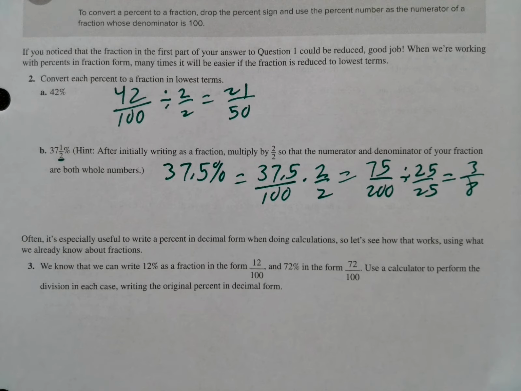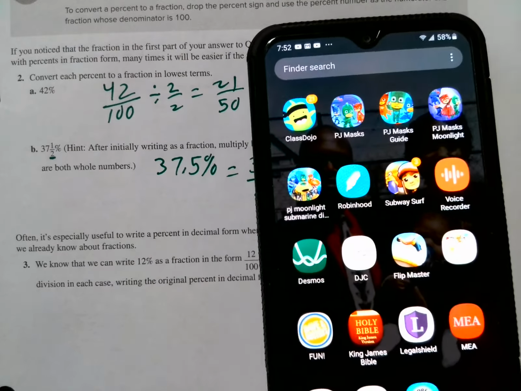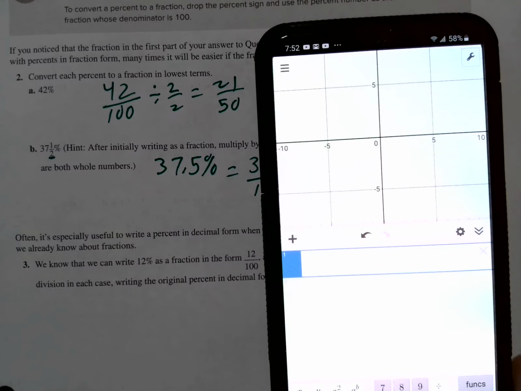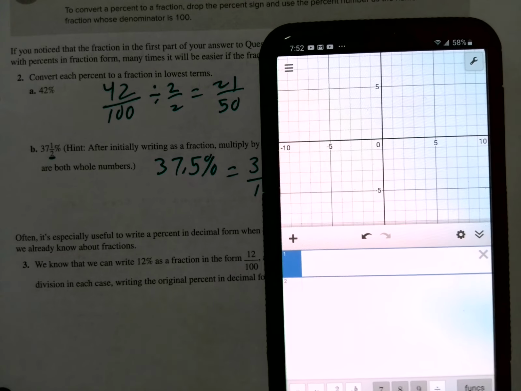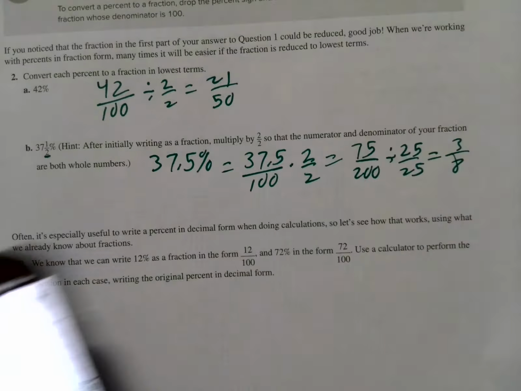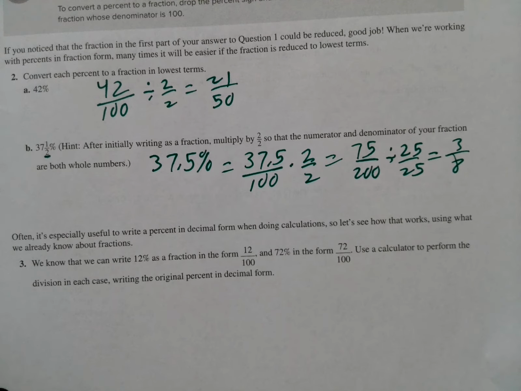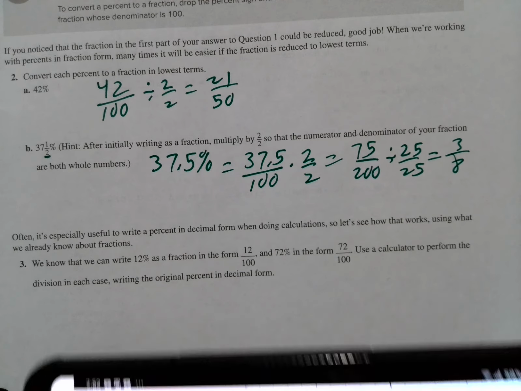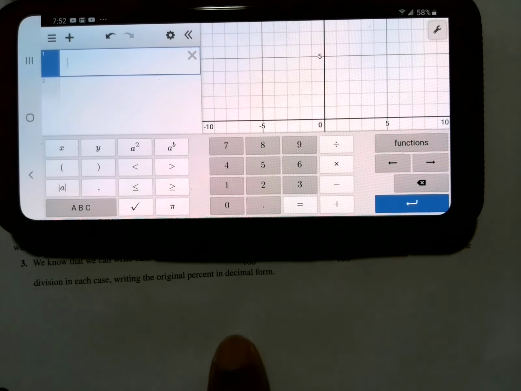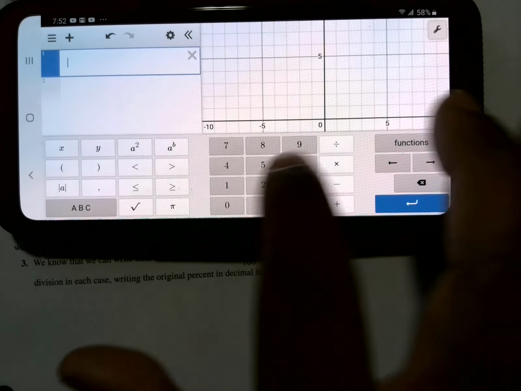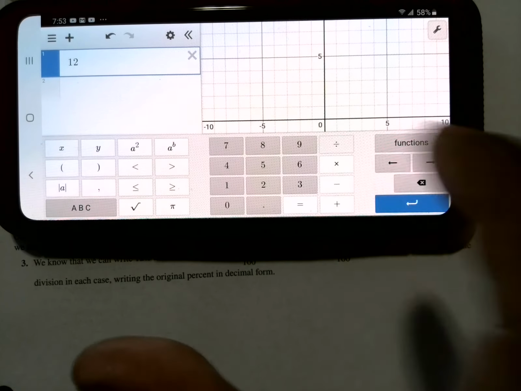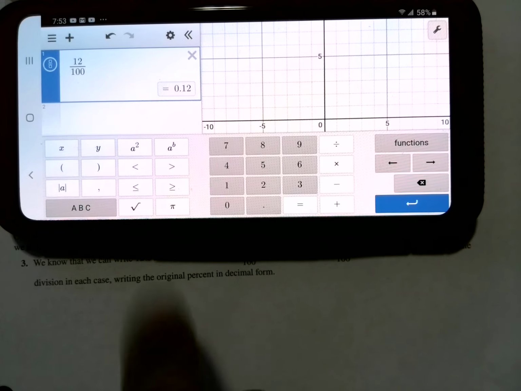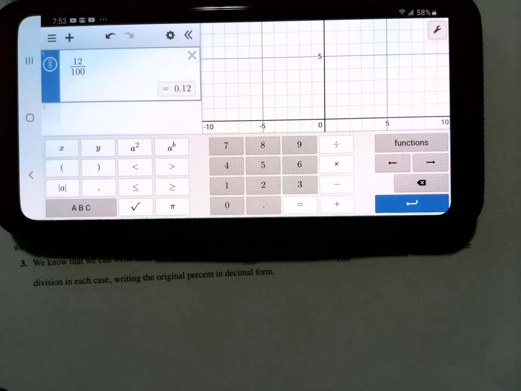Okay, class, we're going to use the app called Desmos. So we would click on the Desmos app, and they ask us to use a calculator to perform the division in each case, writing the original percent in decimal form. So we have here 12 over 100. So we'll take 12 divided by 100, and that would give us 0.12.